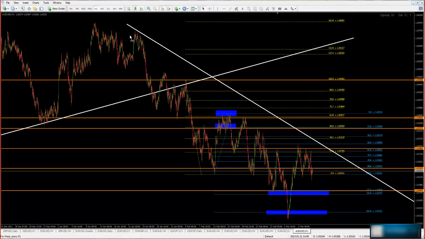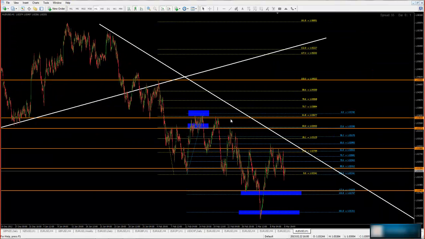By using this strategy, you will see that even if you let this initial stop loss, you will have from here to here 90 pips, and if you would have entered here short until here, you would have had something like 180 pips. So it's 1 to 2 risk reward ratio.